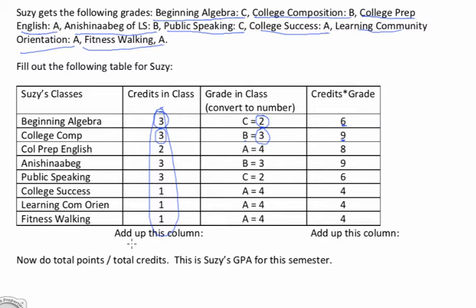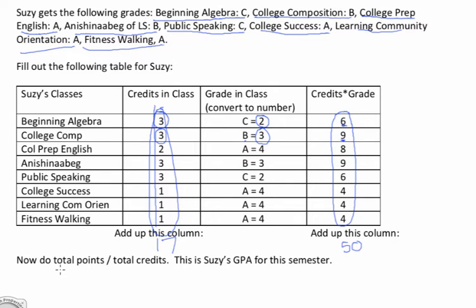Now we need to add up how many total credits Susie's taking. So if I add up all the credits here, I get 17. This is how many credits many of you are taking as well. Then if I add up how many total points she has, I call it points. So I add up this column and I get 50.